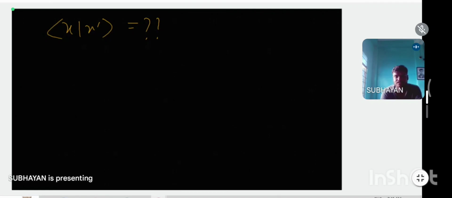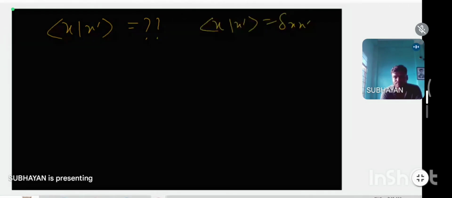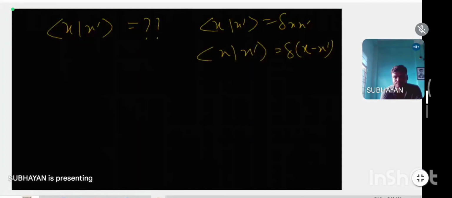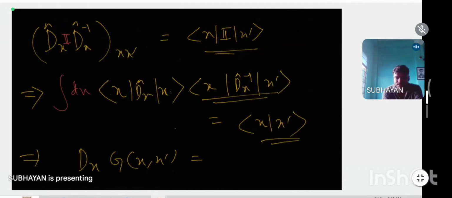If it were a discrete basis, that should be delta x x prime, but it is a continuous basis set, so delta(x minus x prime).